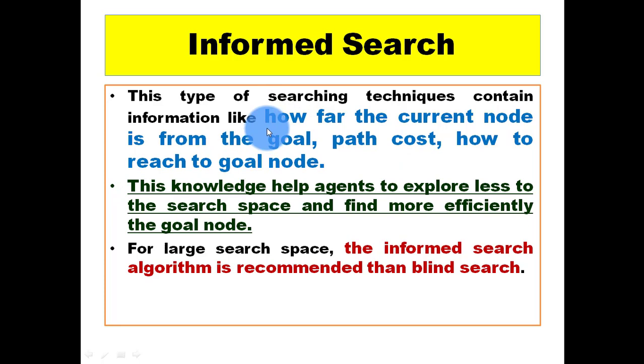This knowledge will help agents to explore less of the search space and find the goal node more efficiently. For large search spaces, informed search is recommended over blind search techniques.